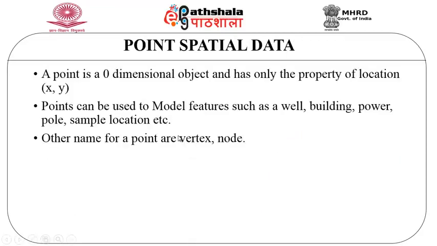First let us have a look at the point spatial data type. Usually a point is called a zero-dimensional object and has only the property of location, that is x, y. Points can be used to model features such as wells, buildings, people, power poles, sample locations, etc. The other names for a point are vertex or node.